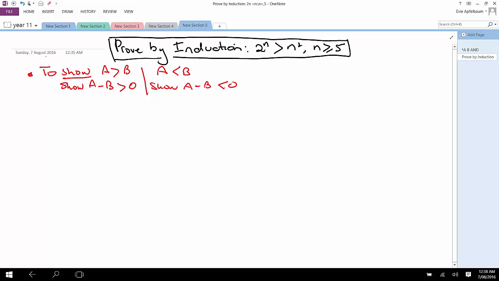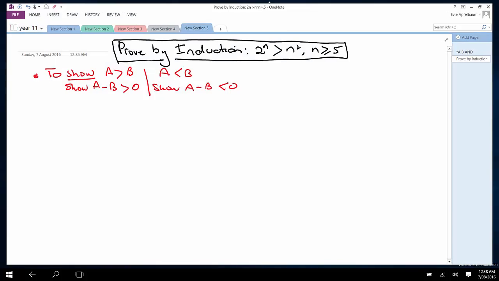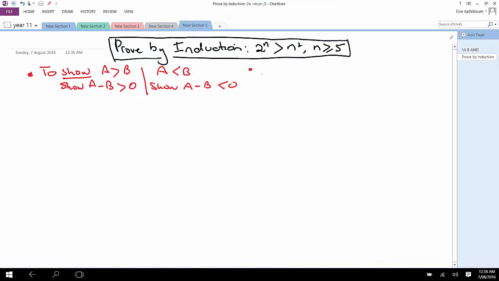You should also remember that inequalities are transitive. So if A is bigger than B and B is bigger than C, that means that A is bigger than C. We'll use both of these thoughts in this proof.